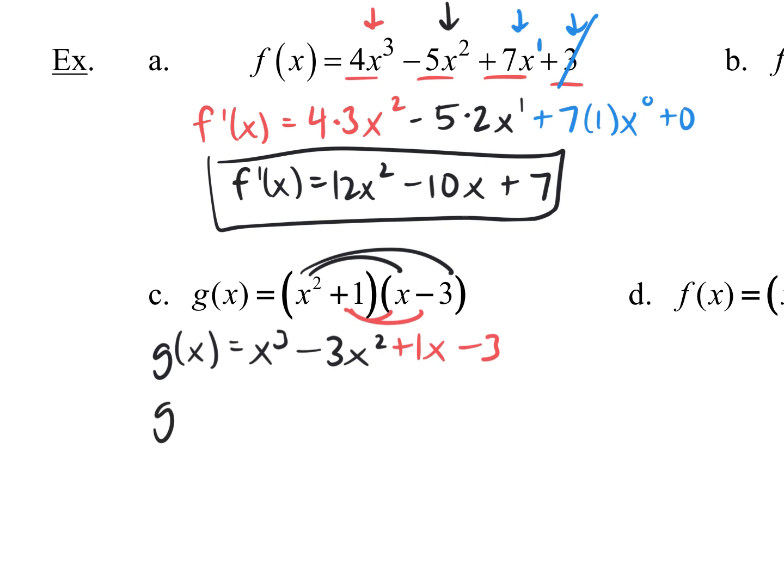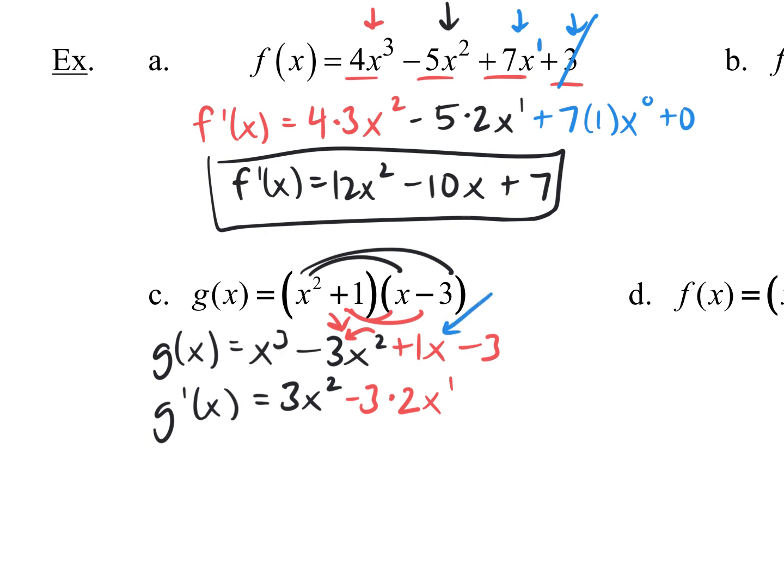Okay, so when I take the derivative of x to the third, we get 3x to the second power. Okay, take the derivative of negative 3x squared. What am I going to get? 2 comes down, so I have minus 3 times 2, x to the first power, right?